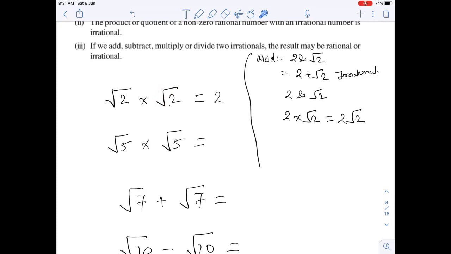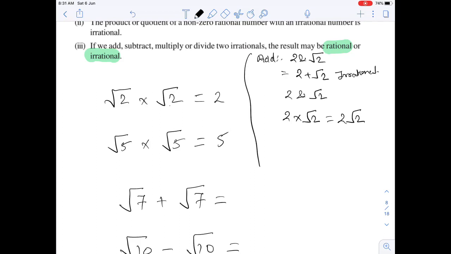Similarly, root 5 into root 5 will be only 5. Here we have multiplied two irrational numbers, but our answer is a rational number. So if we add, subtract, multiply or divide two irrational numbers, the result may be rational or it may be irrational.